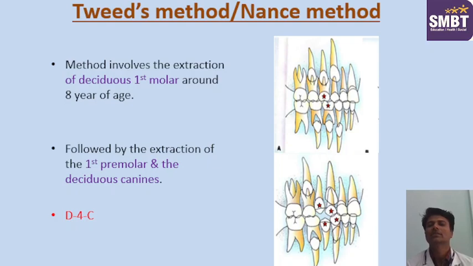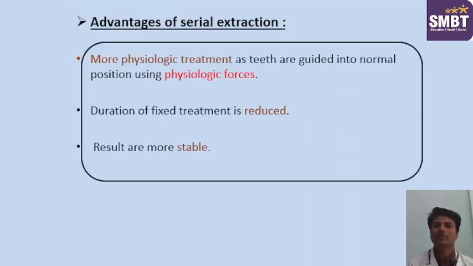D stands for the deciduous first molar, 4 stands for the first premolar, and C stands for the deciduous canine. So in Dewel's method, the extraction sequence is CD4, and in Tweed's method and Nance method, the extraction sequence is D4C.